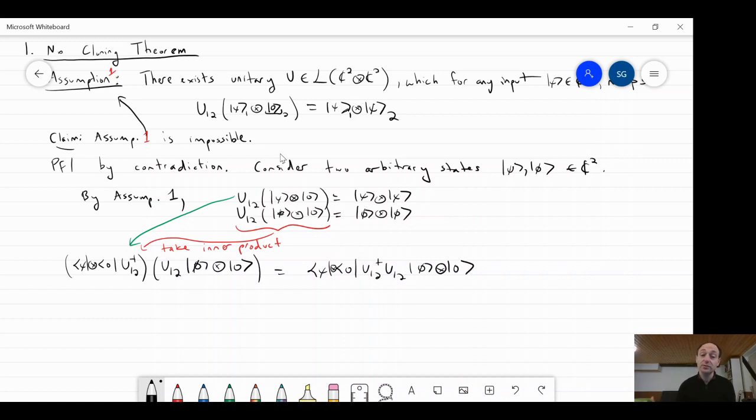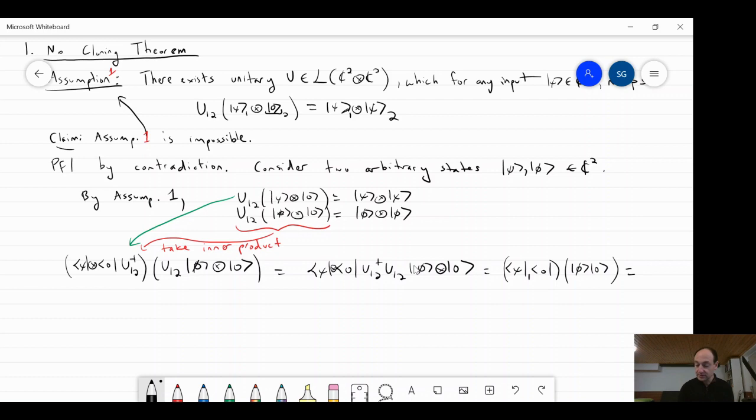And of course U12 is unitary here in the middle, so this term is going to disappear. It's just going to go to identity. Okay, so I'm going to end up getting psi 0, and just so you start getting used to this, I'm going to start dropping these tensor products and leaving them implicit, like we did in the previous lecture.